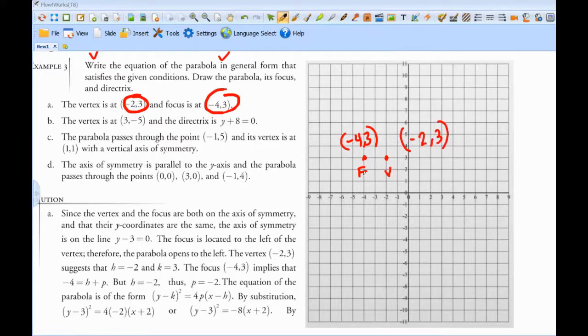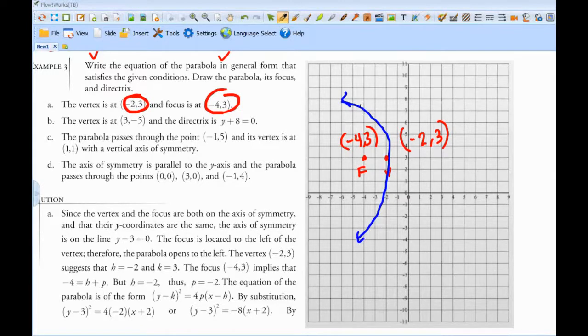As you can see, the focus is on the left side of the vertex. So that means the parabola opens to the left, right? Because it can't be going to the right, since the focus is on the left side of the vertex.